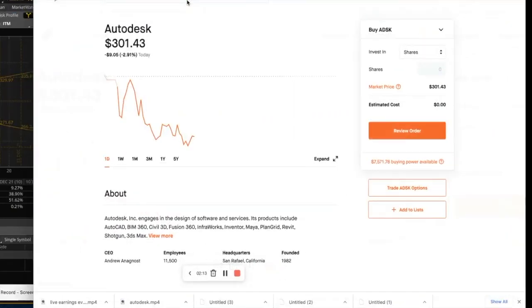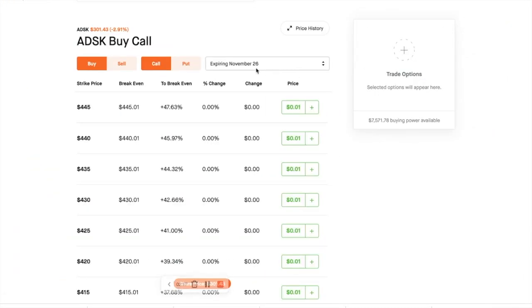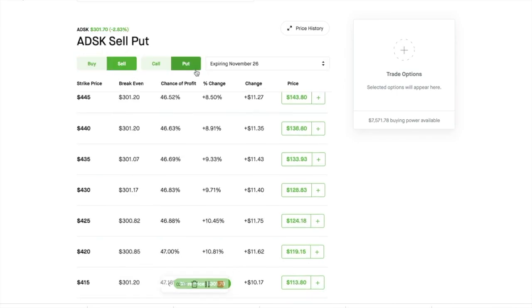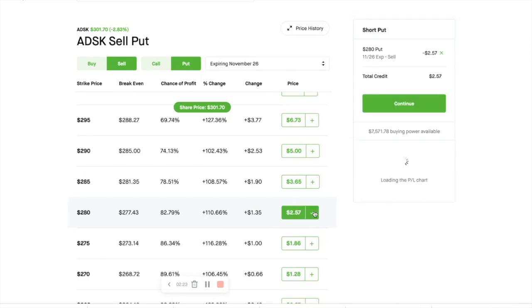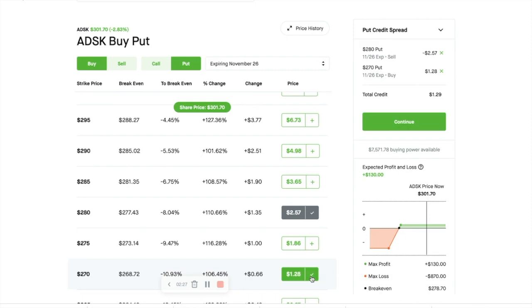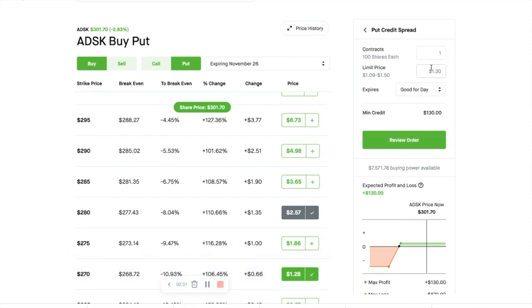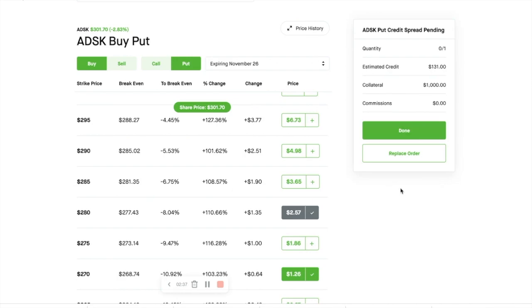All right, let's go to Autodesk, currently trading here, and trade options. I'm going to select the nearest term options. I'm going to do a put, and let's do a bullish tilt, and make it 1,000 wide. So we're risking that much to make. Let's say we want this at 130. Sell that 131, boom.